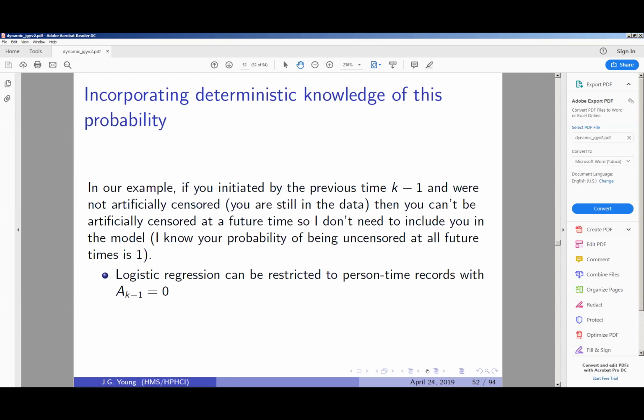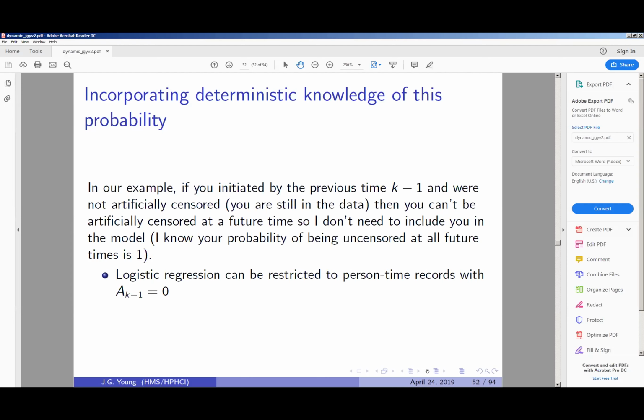In our case, just to talk a little bit about the specifics of this example, if you initiated treatment by the previous time and were not already artificially censored, in other words, you're still in the data, then you can't be artificially censored at a future time, because the only way you get artificially censored is by starting wrong.